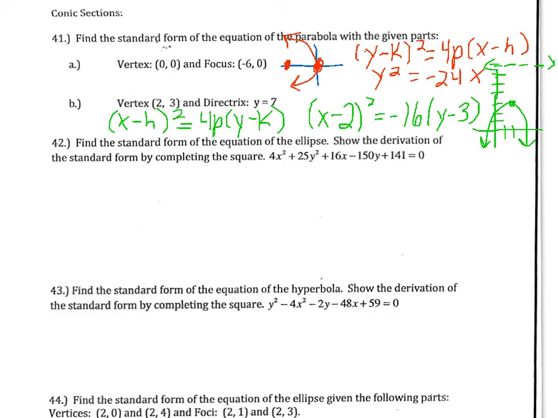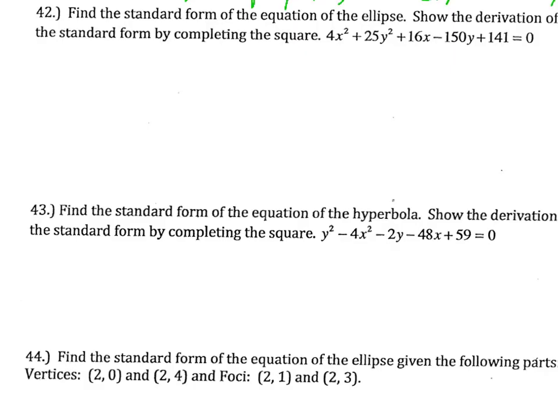For number 42, we want to write the equation of the ellipse in standard form. So the standard form of an ellipse looks like x minus h squared over a squared plus y minus k squared over b squared equals 1.